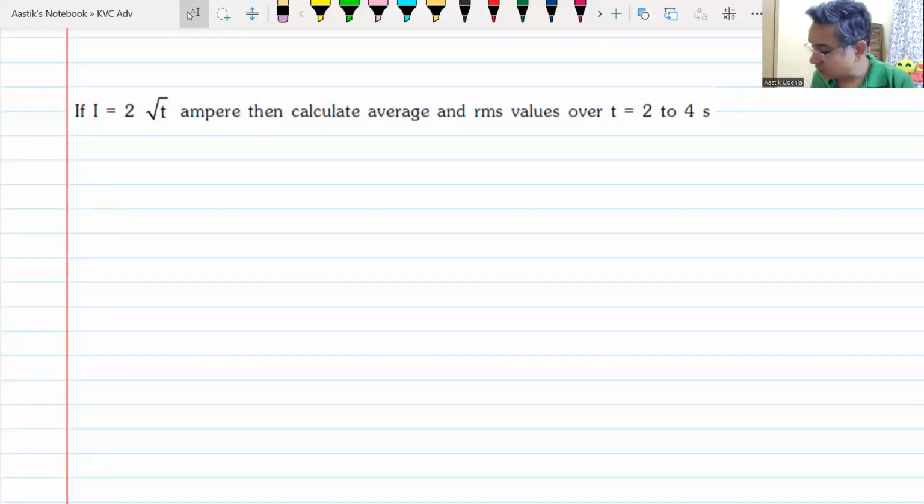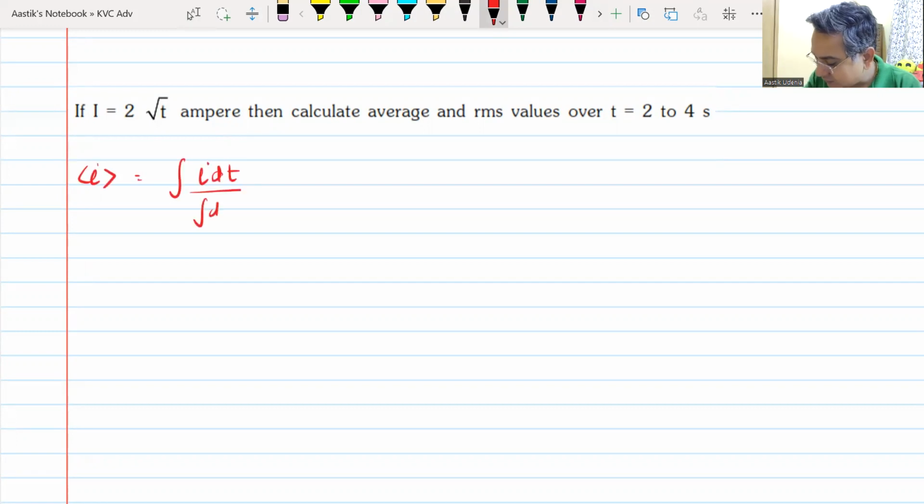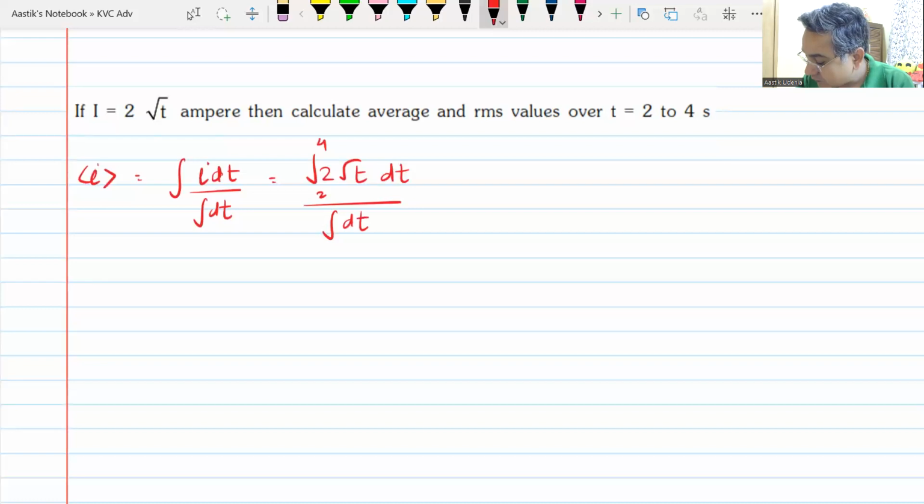So how are we supposed to do this? To find the average value of current, you find the integral of I dt divided by the integral of dt. So it is 2 times root t dt, integral from 2 to 4, divided by the integral of dt from 2 to 4.